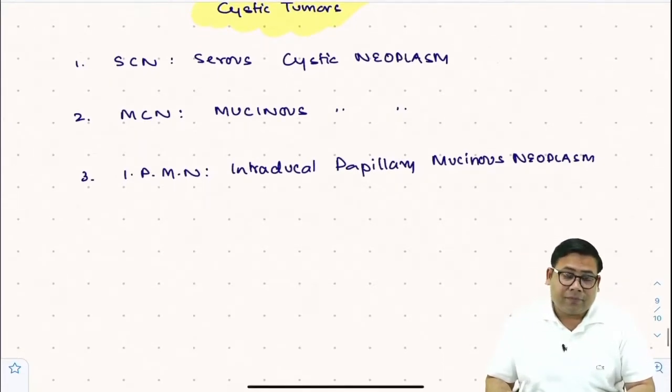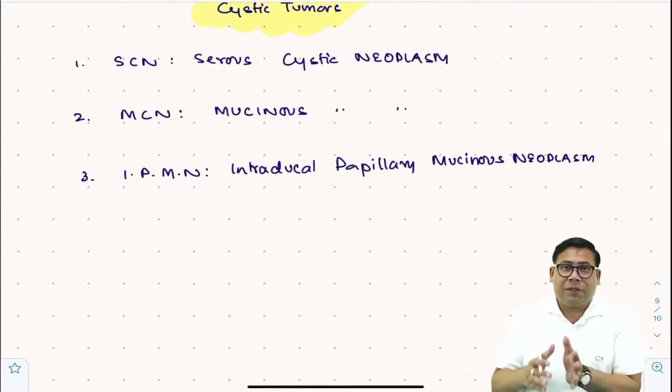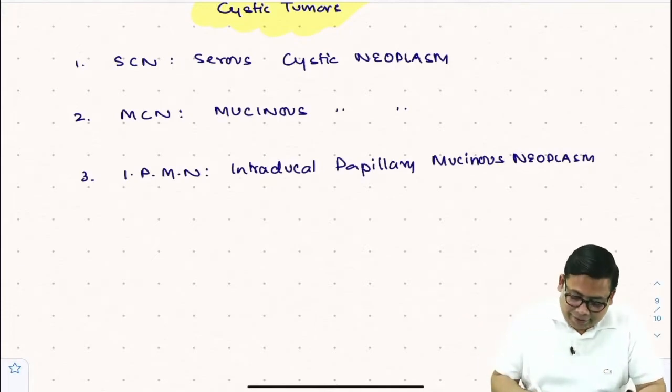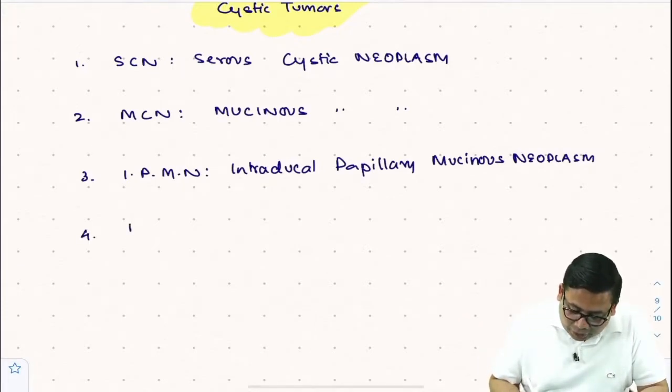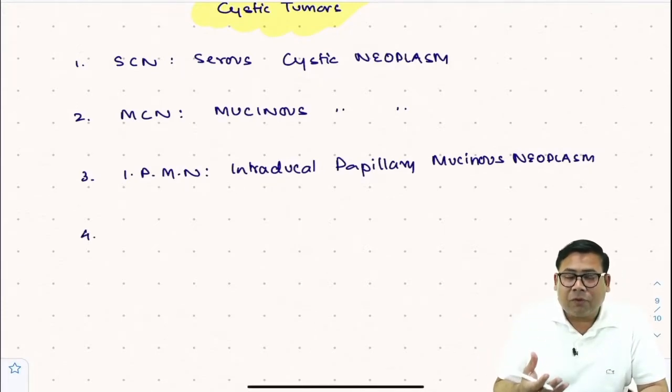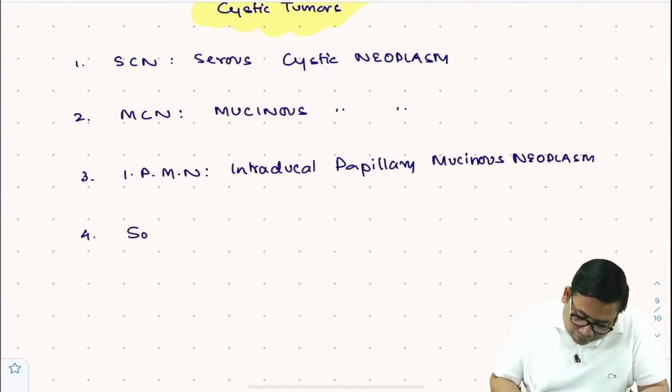Apart from that, there is one more cystic tumor which has been added of late, and that is solid pseudopapillary pancreatic tumor. The word solid here is a misnomer.